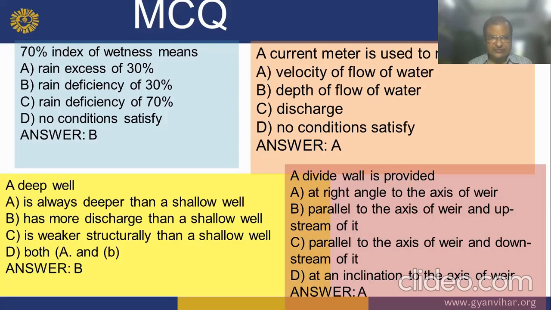The correct answer is B, has more discharge than a shallow well. And a divide valve is provided where? The correct answer is A, at a right angle to the axis of the weir.